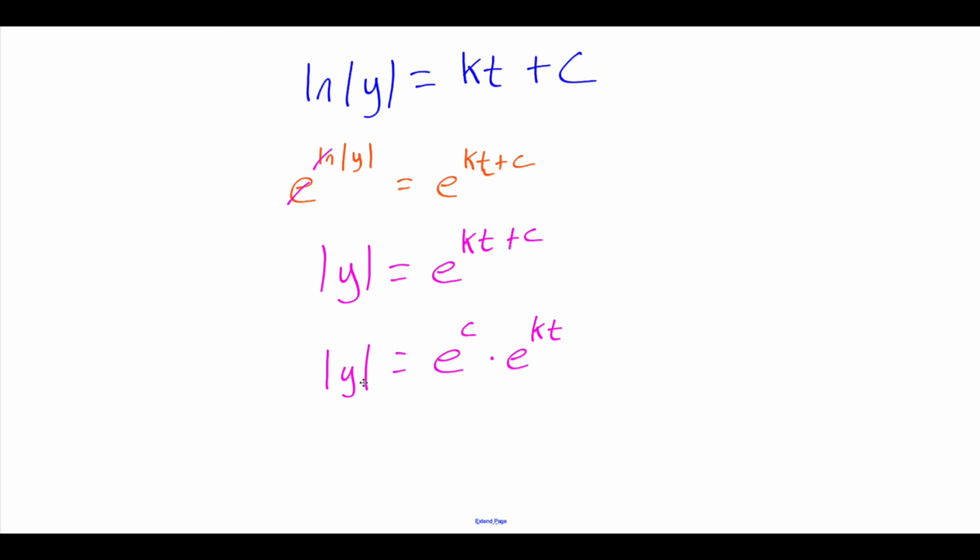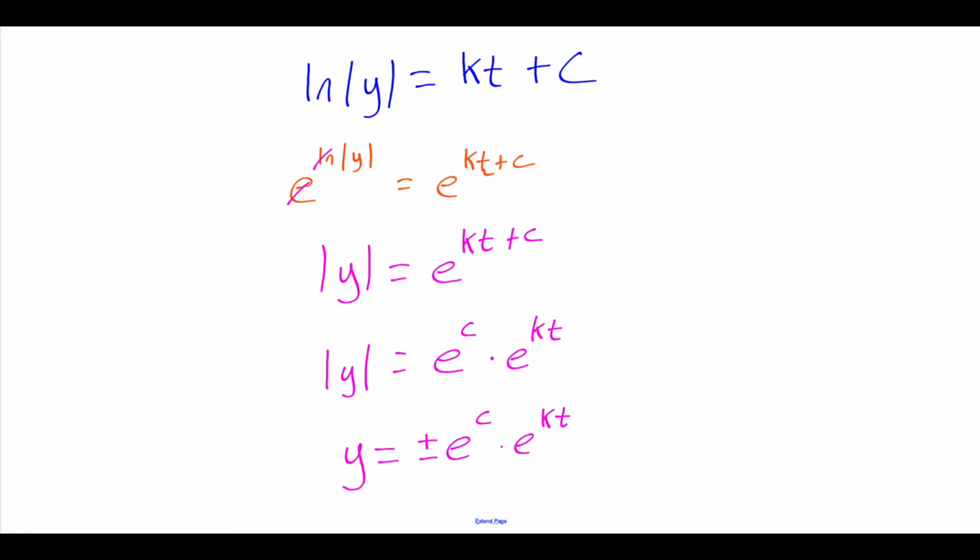Now with that absolute value on the left-hand side, we know that absolute value takes whatever's inside of it and turns it positive. So if we know that this right-hand side is equal to the absolute value of y, then we can rewrite this as either plus or minus this stuff on the right-hand side, because if we were to do its absolute value, then it would just turn into that regular y.